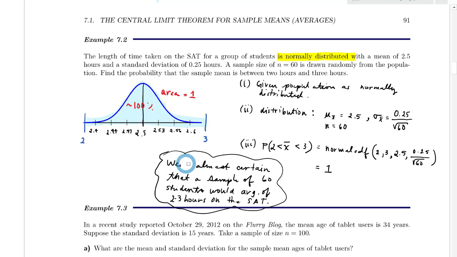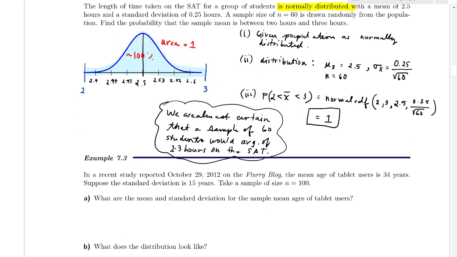So it's almost certain, and that's why they're able to give only 3 hours for the exam, because they know it's going to be certain that they're going to take between 2 and 3 hours. And then in the calculator, you would just put 1. It would recognize it as being almost the whole thing.